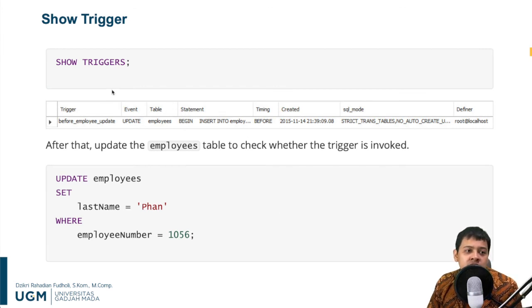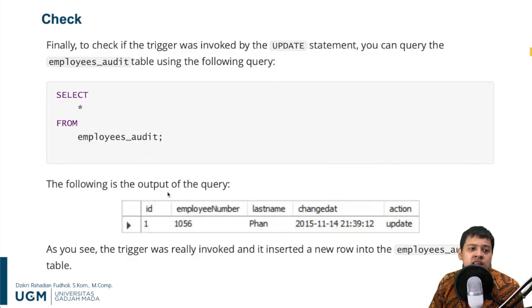To show the trigger, we can use SHOW TRIGGERS. We have the trigger names here, the event, the tables, the statement, the timing, when it was created, and so on. After that, on the employees table, to check whether the trigger is invoked, we can see here, after we update this, it will result in the employee's ID being inserted here.